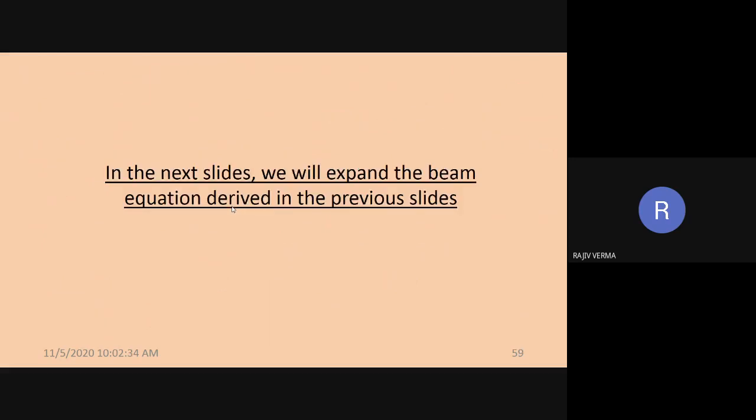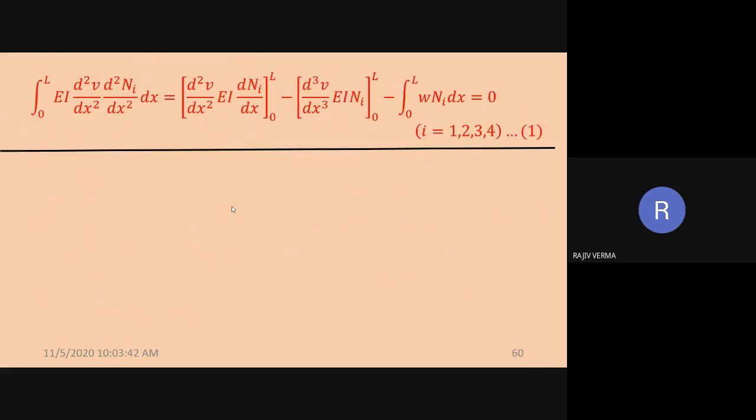In the next slide, we will explain the beam equations derived in the previous slides. So equation number 1 is the required differential equation. We are going to derive the terms existing in the left hand side first. For I to be 1, obviously the value of I is supposed to vary from 1 to 4, which is going to give us 4 simultaneous equations, linear simultaneous equations.